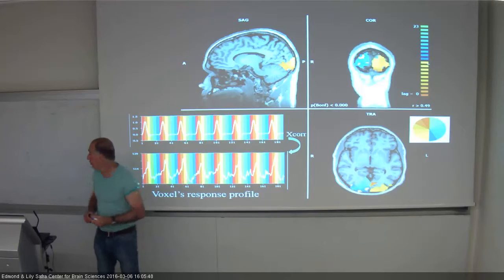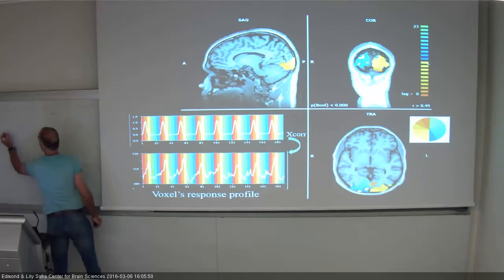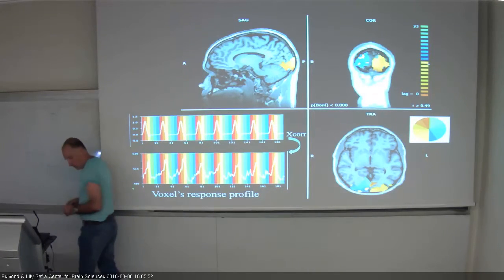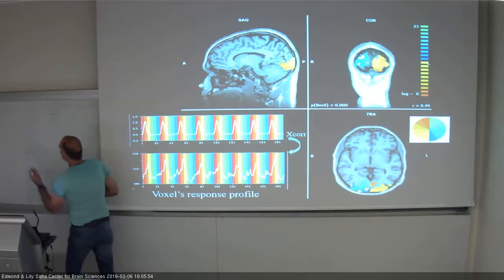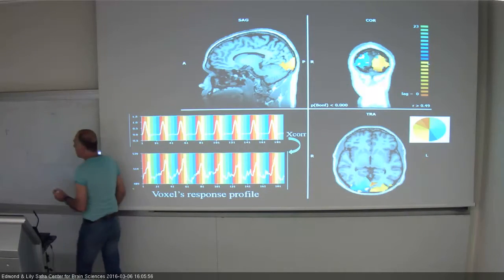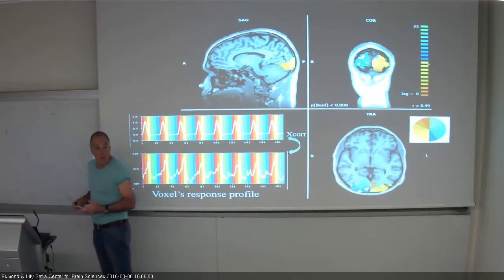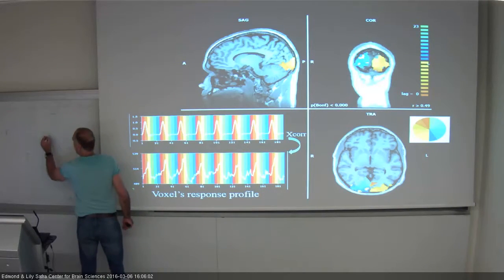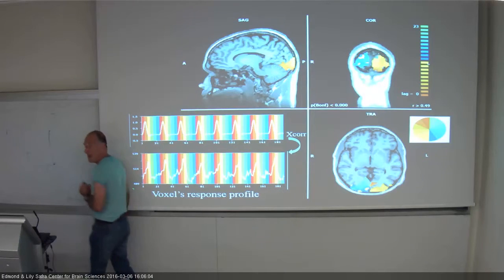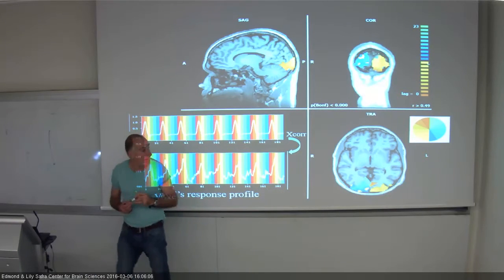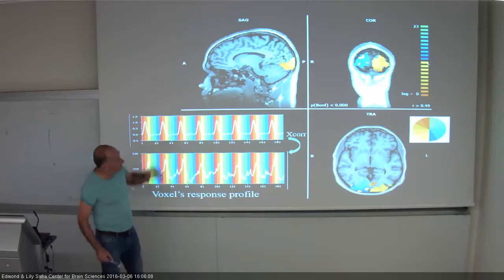So you can think about this as an R correlation coefficient here. And once you find this, you want to know what's the phase which corresponds to the maximum, right? So that's how you're going to label that specific voxel.